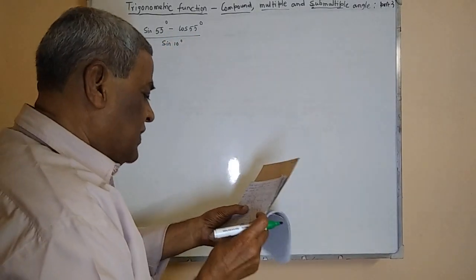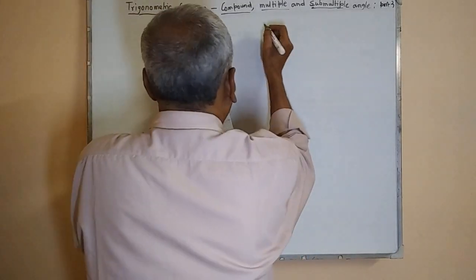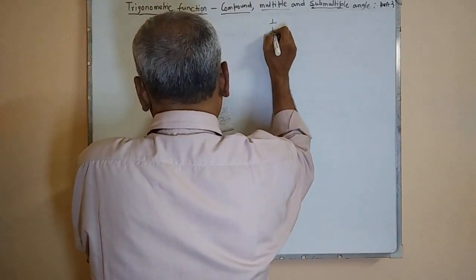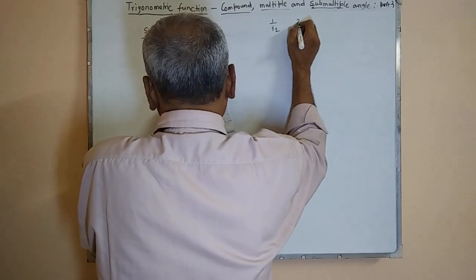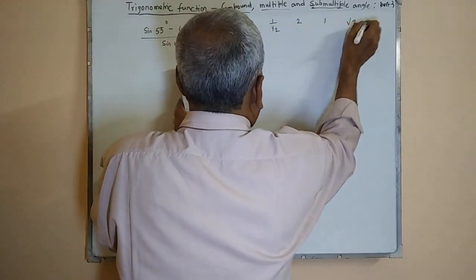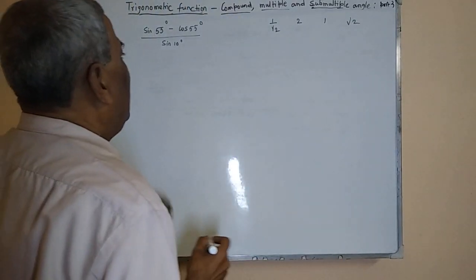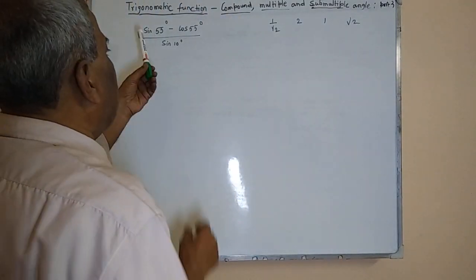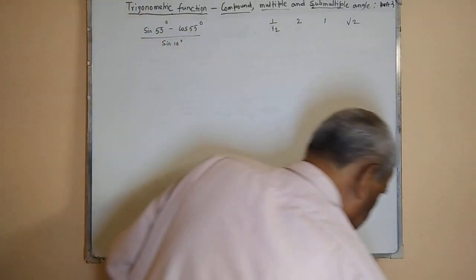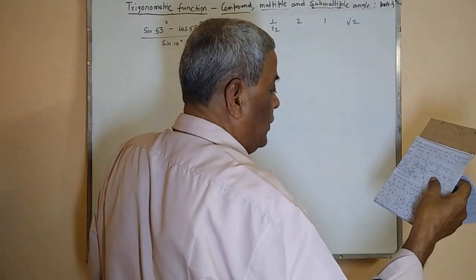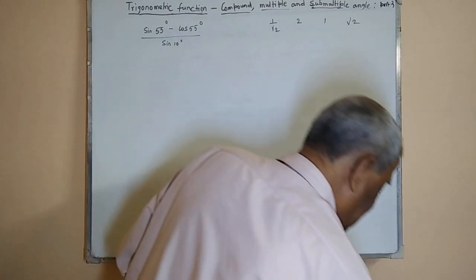Options are given in numerical terms: 1 by root 2, then 2, 1 and root 2. These are the options. The values of sine 55 degree and cos 55 degree are not known to us.